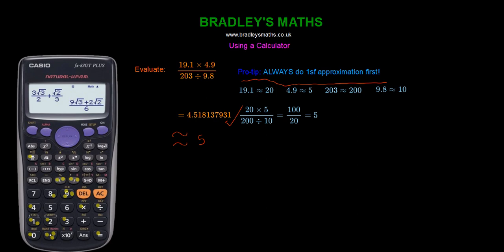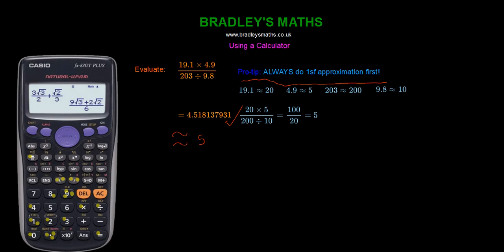Maybe instead of 203, you pressed 20.3. It's very easy to make a mistake when you're entering keys. Maybe instead of putting in the divide key, you put in plus. There are many, many different mistakes that you can make. So please be very careful with them.